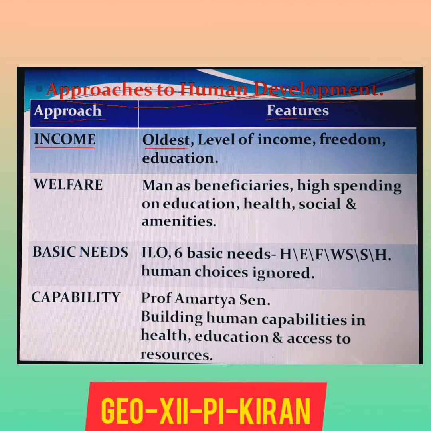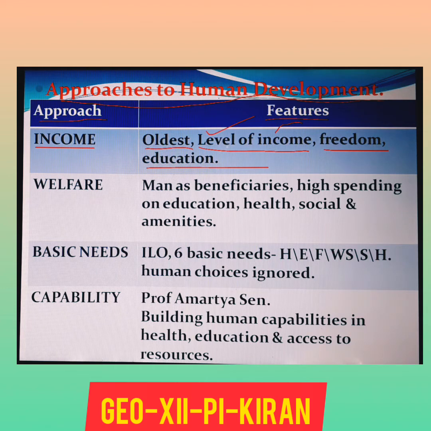It is the oldest approach of human development, which suggests that we have to increase the level of income of the people so that they can spend more on education, health and sanitation. So increase in income plays a very important role. Once the income is increased, then they have freedom of spending and investing in social and cultural life.